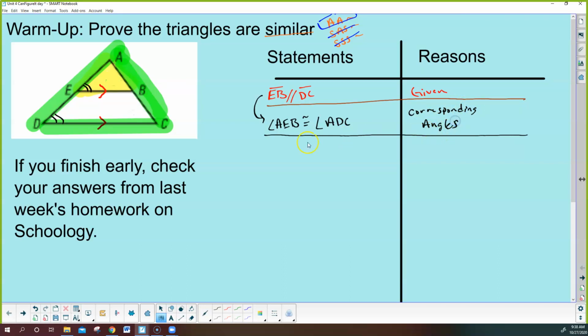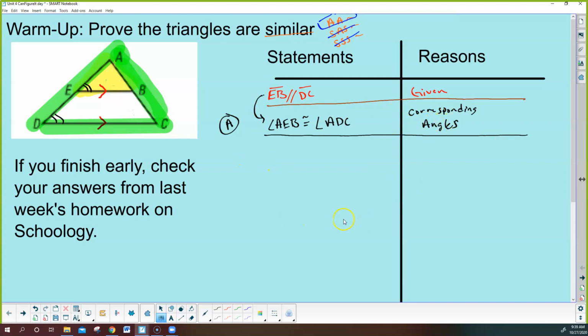We had a theorem back in Unit 1 or Unit 2 that said if two parallel lines are cut by a transversal, then corresponding angles are congruent. So that's why I know I have one pair of angles. If you wanted to, you could use the same statement and say that angle ABE, this angle right here, is congruent to angle ACD for the exact same reason.